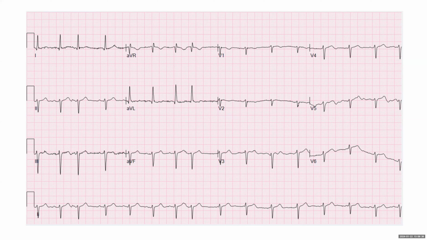And what's the difference between wandering pacemaker and MAT? The difference is the rate. So both will have different P wave morphology. If there's tachycardia, you call it MAT. Exactly. Rate is the defining feature. So when you have multiple P wave morphologies, this could be MAT when there's tachycardia, or wandering pacemaker when the rate is not tachycardia.